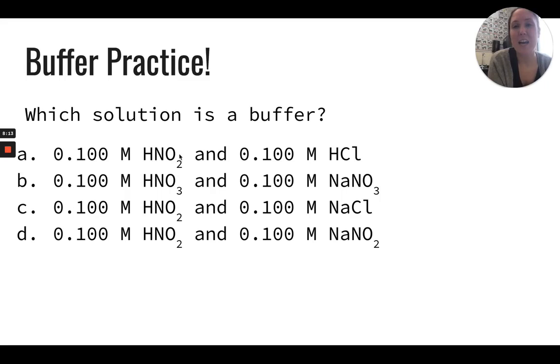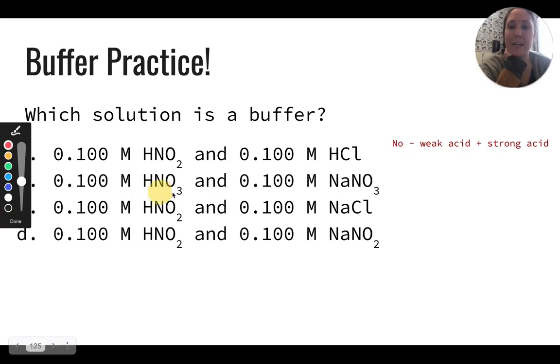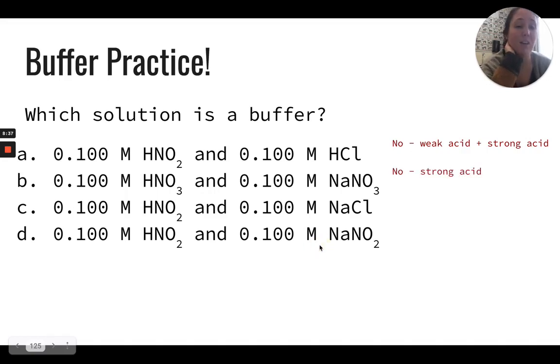So solution A, is it a buffer? No. The reason is because this one has a weak acid and a strong acid. That's not going to be able to buffer. You need both a weak acid and its base. Let's look at the next one. So in this one, I have HNO3, and I do have its conjugate base. However, you need to recognize that HNO3 is a strong acid.